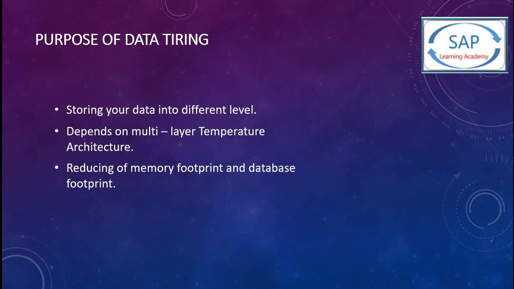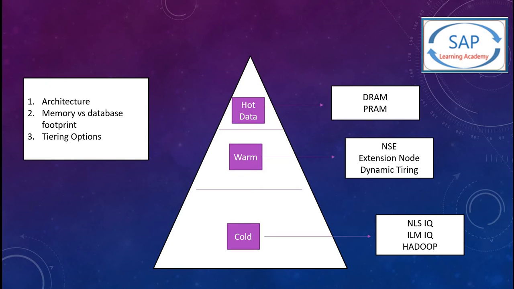Data tiering follows this architecture, meaning we have three layers, which I will discuss in the next slide. The next point is reducing the memory footprint and database footprint. So how is this done in data tiering? Let me explain in the next slide.